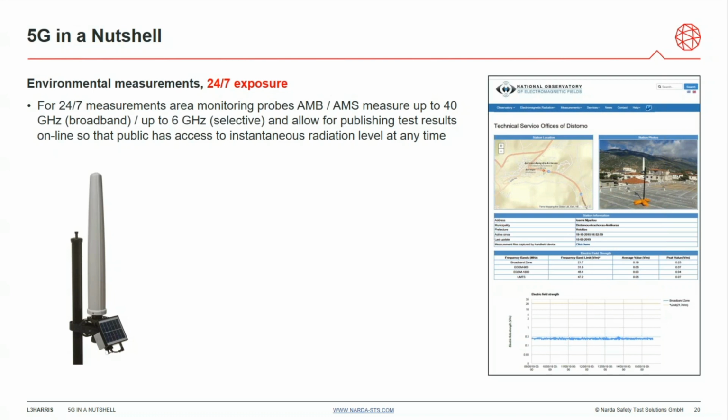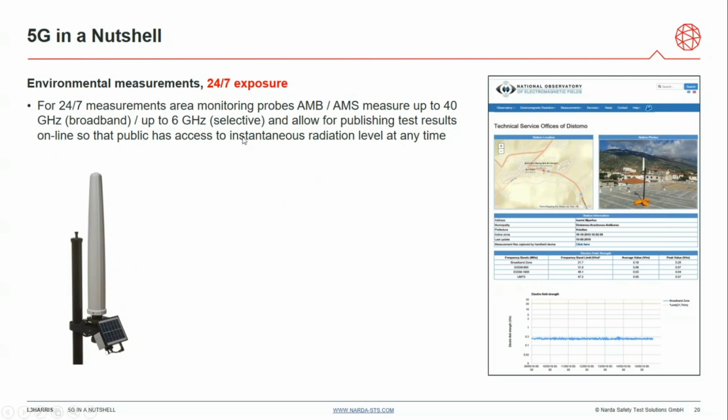Another approach to assess the exposure in the vicinity of towers and transmitter stations is a 24/7 measurement. Of course, a measurement with the NBM or the SRM is only a spot measurement in time.